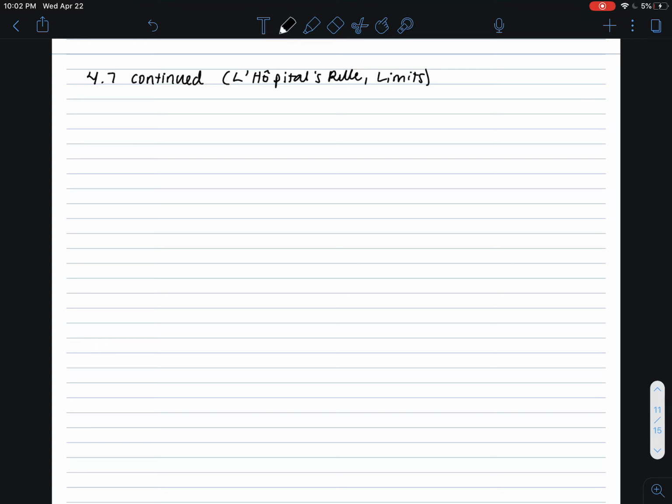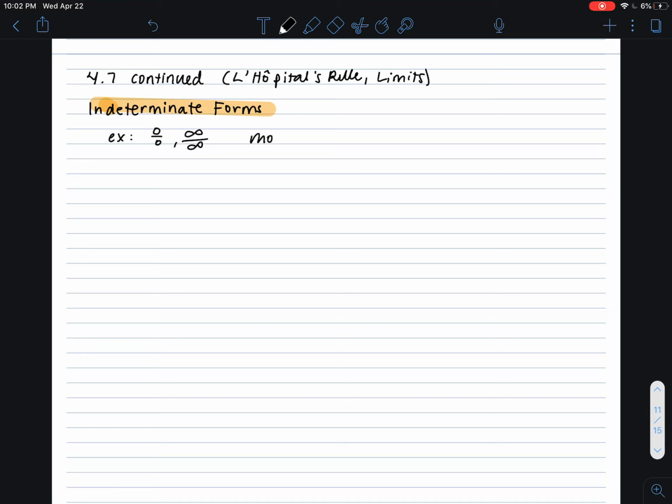So these are called indeterminate forms. Something that has an indeterminate form was like 0 over 0 and infinity over infinity, which we've been working with.